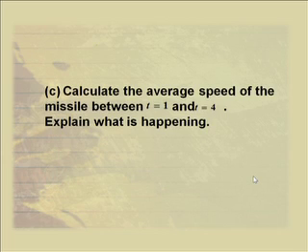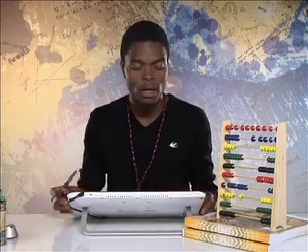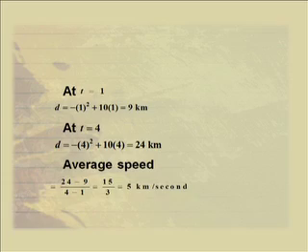C, we have to calculate the average speed of the missile between t = 1 and t = 4 and explain what is happening. At t = 1, d = -1² + 10 × 1 = 9 kilometers, and at t = 4, d = -4² + 10 × 4 = 24 kilometers.